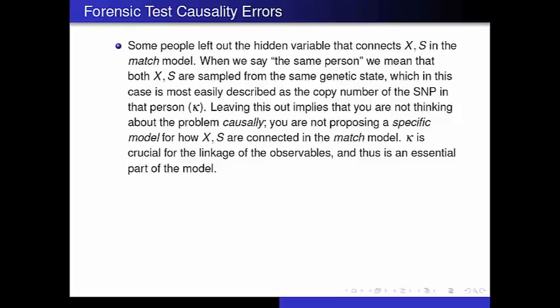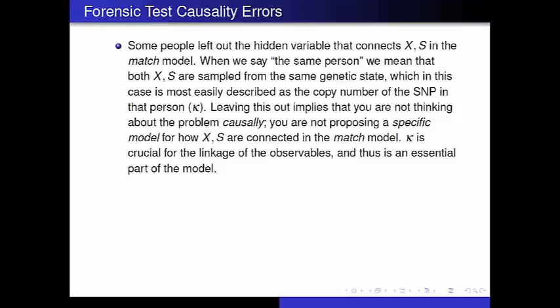If we have a variable in a model structure that connects multiple observables, we cannot remove it from the information graph without changing the conditional independence of those variables, right?